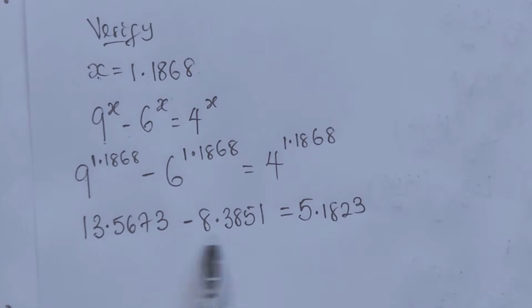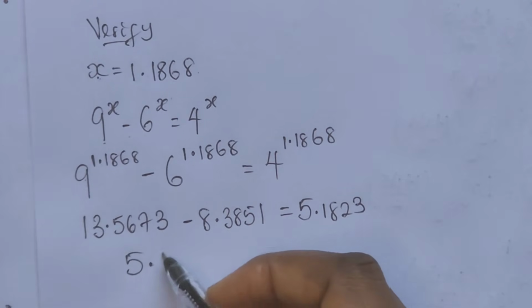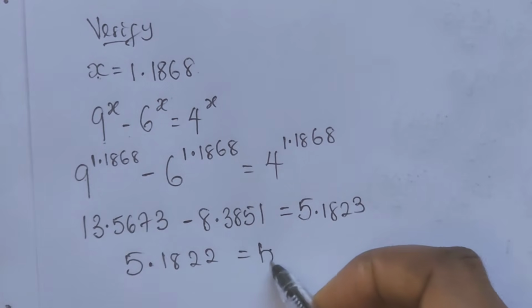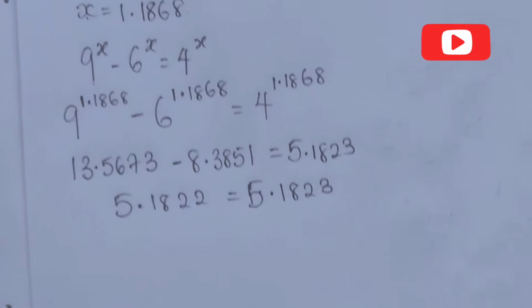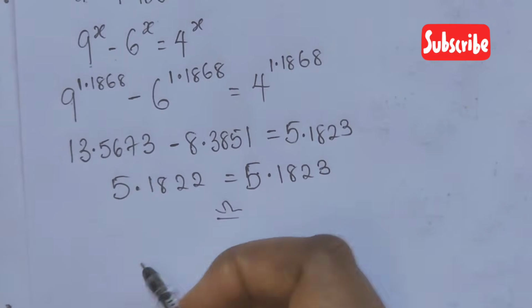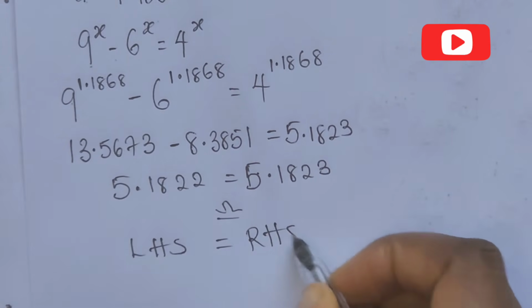So subtracting this from here, we have 5.1822 equal to 5.1823. So this is approximately the same. So it means that the left hand side equals the right hand side.